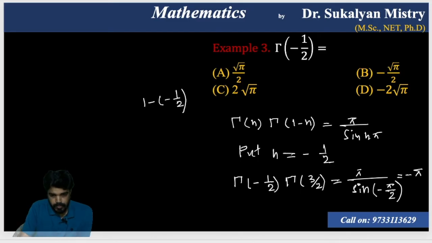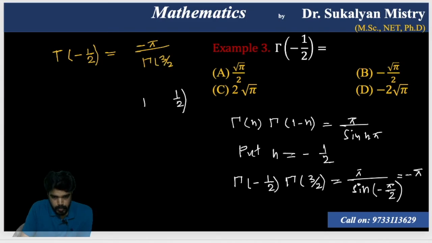So gamma minus half will be minus pi by gamma 3 by 2, right.